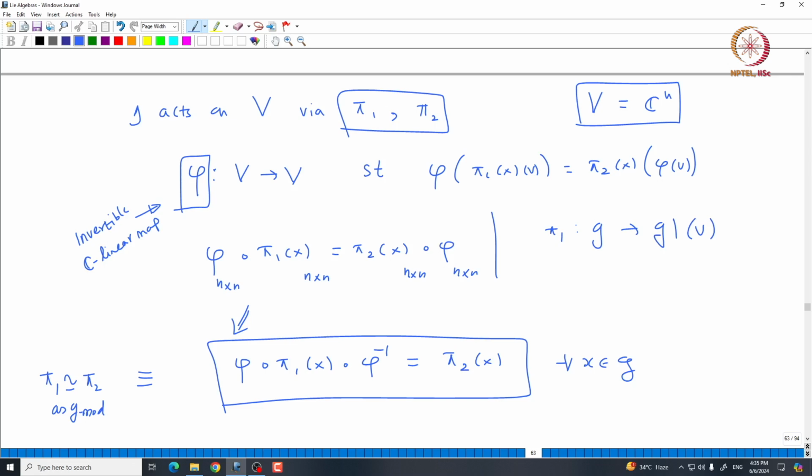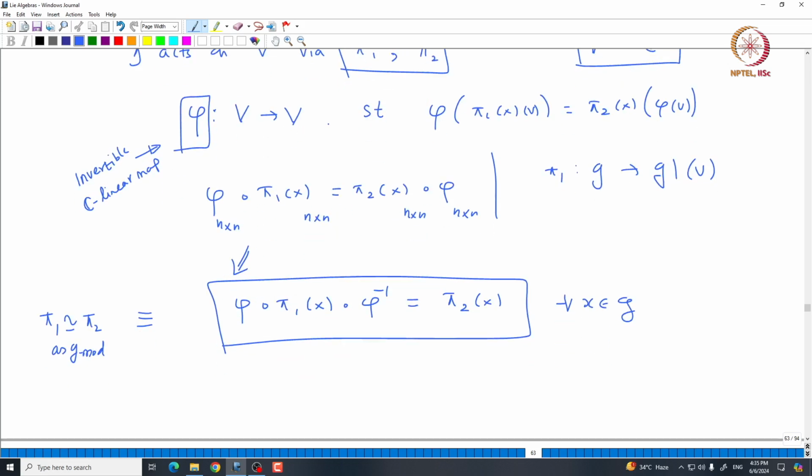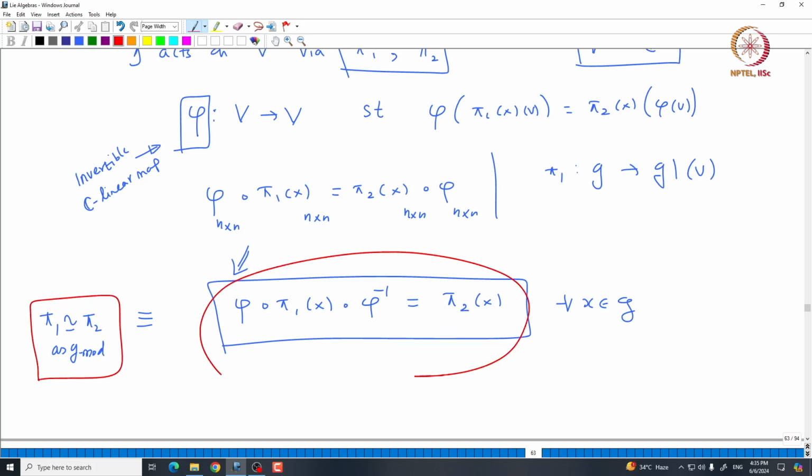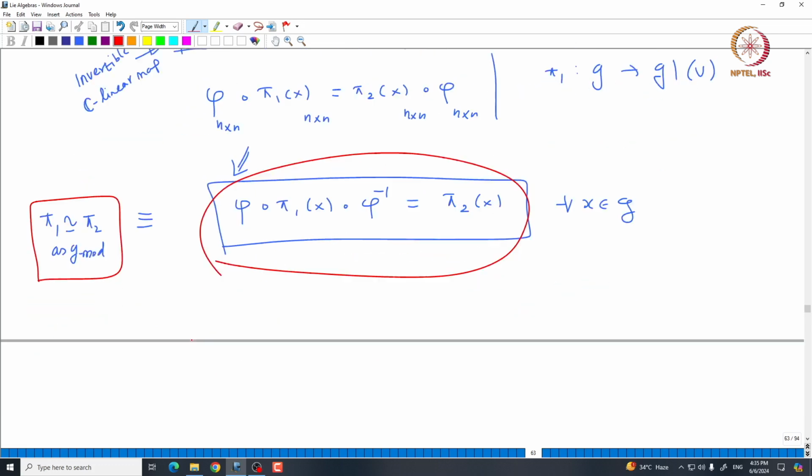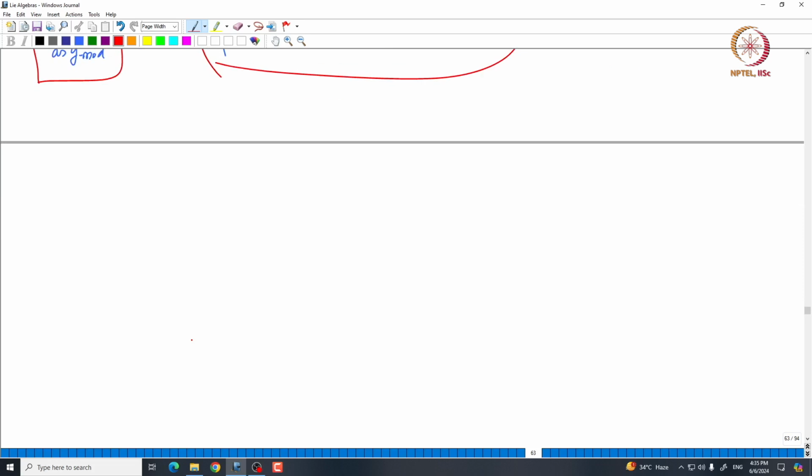So, as long as vector space structure is considered, any n dimensional space will be isomorphic to another n dimensional space as a vector space, but as G representations they may not be isomorphic. So, that is what we want to try to understand. If they are isomorphic, then we are saying that this very strong condition should be satisfied. Okay. So, let us look at some example and then try to understand this.